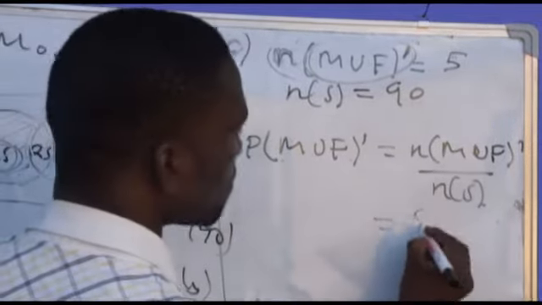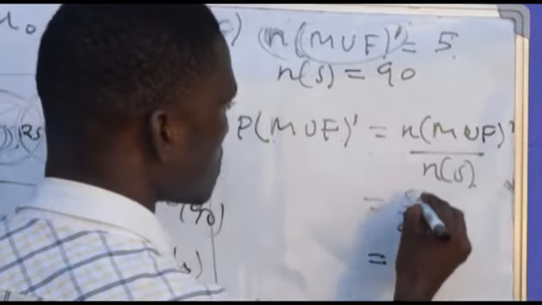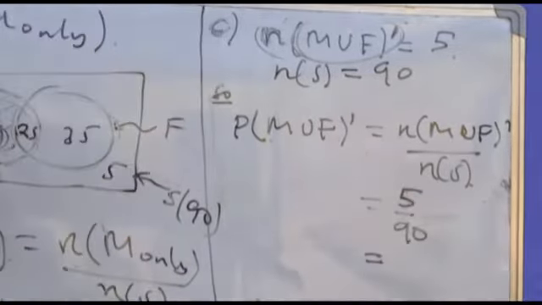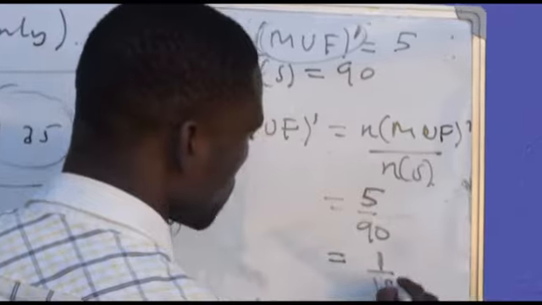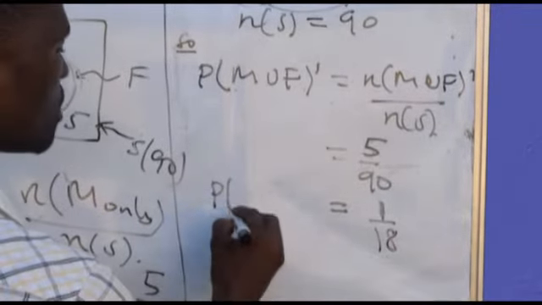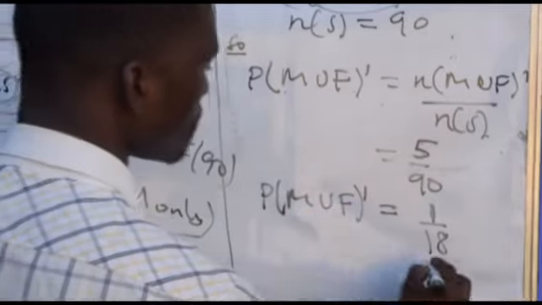So this will be 5 out of 90, and if you simplify, it will be 1 out of 18. This is now the probability of neither meat nor fish.